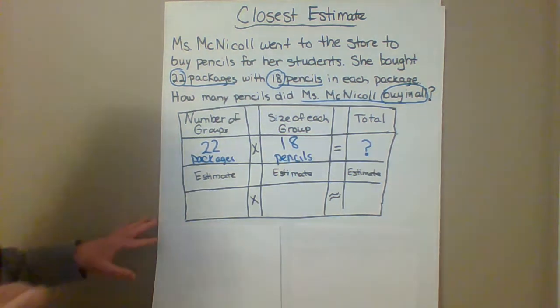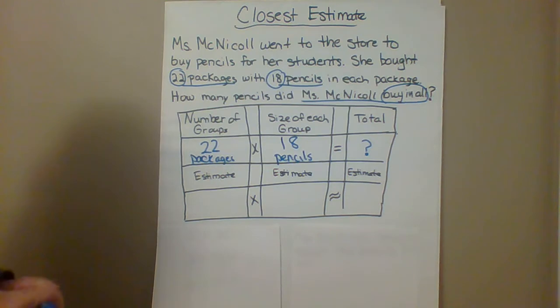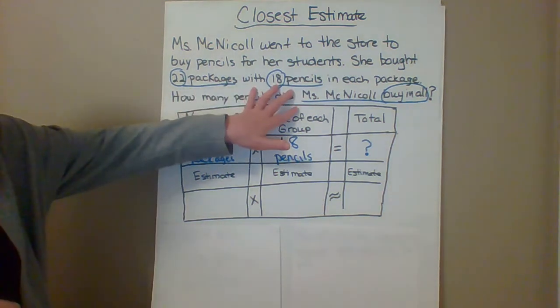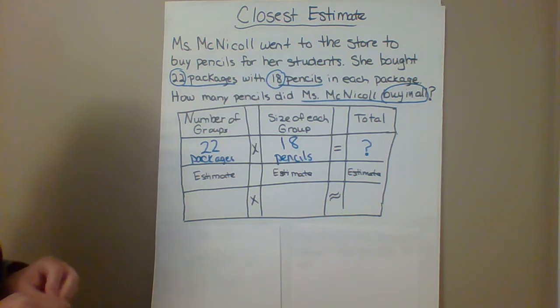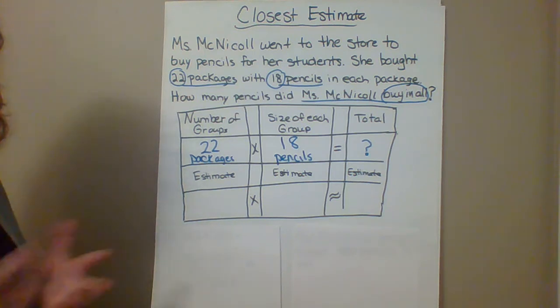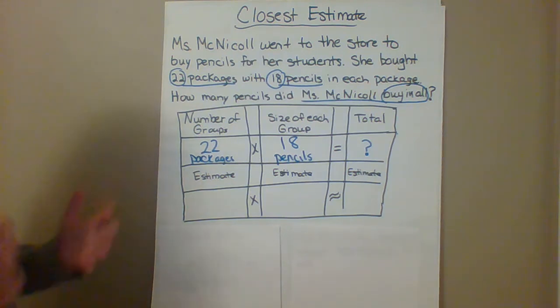All right. So if we're going to estimate, we want to find numbers that are going to be very friendly to multiply by. And I like multiplying by multiples of 10 because 10 is easy. Multiples of 10 are 10, 20, 30, 40, 50, and all the numbers you land on when you count by 10.